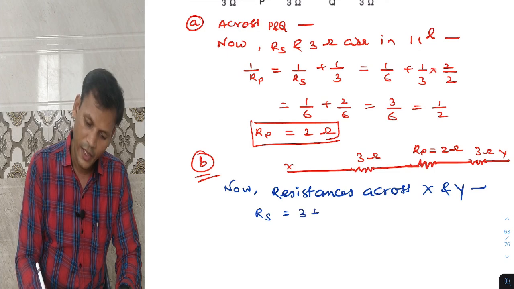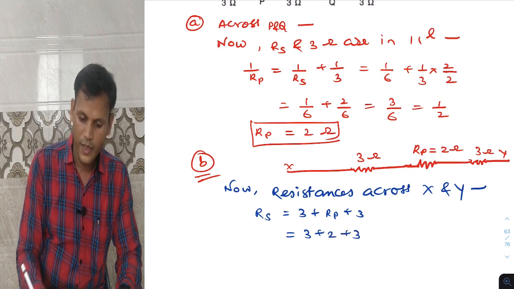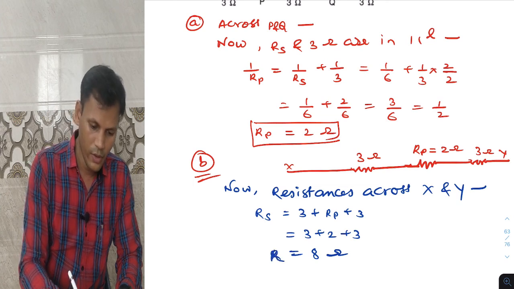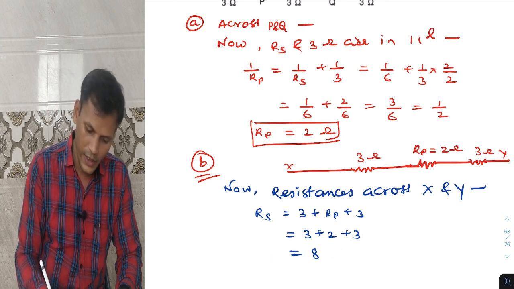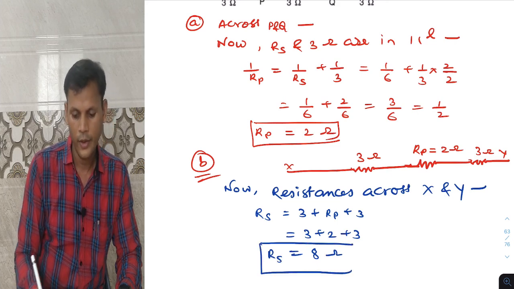So 3 plus Rp plus 3. So 3 plus Rp is 2 plus 3, and 3 plus 3, 6, so 8 ohm. So Rs is equal to 8 ohm. This is the final answer.